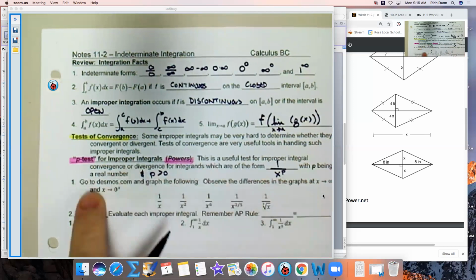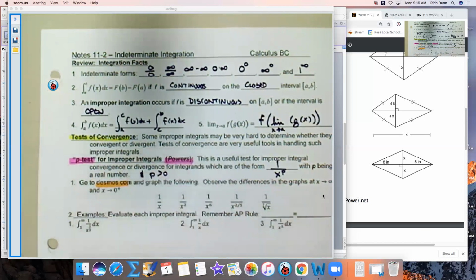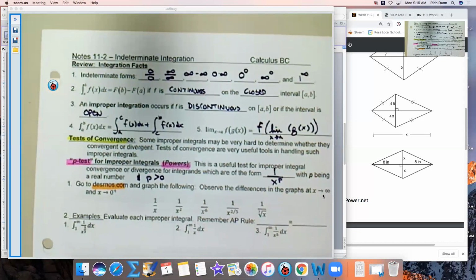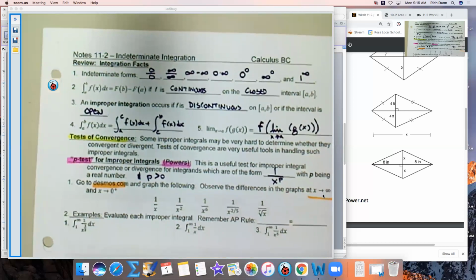I won't go through this and do this for you, but I encourage you to graph these. You can put those in your graphing calculator. I think the best way to view these is to go to desmos.com and then just put in each one of these functions as they are and just take a look at those graphs. Just zoom out and look as x goes to infinity, see what happens.